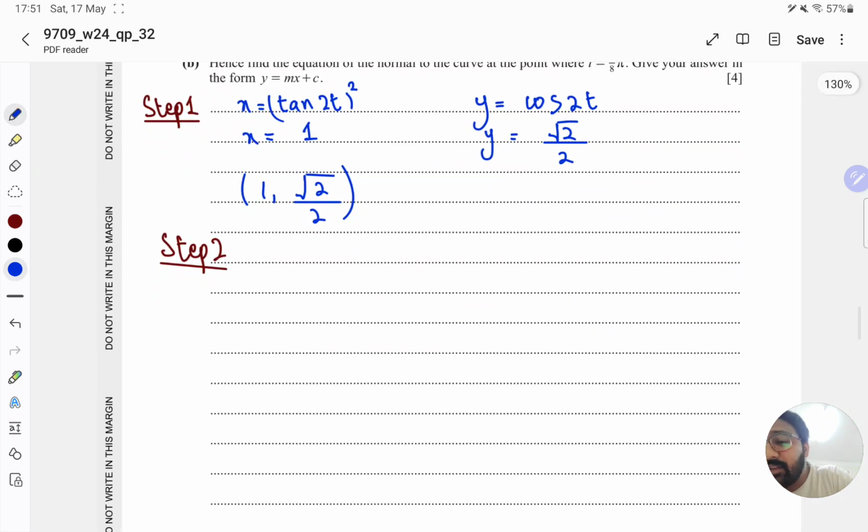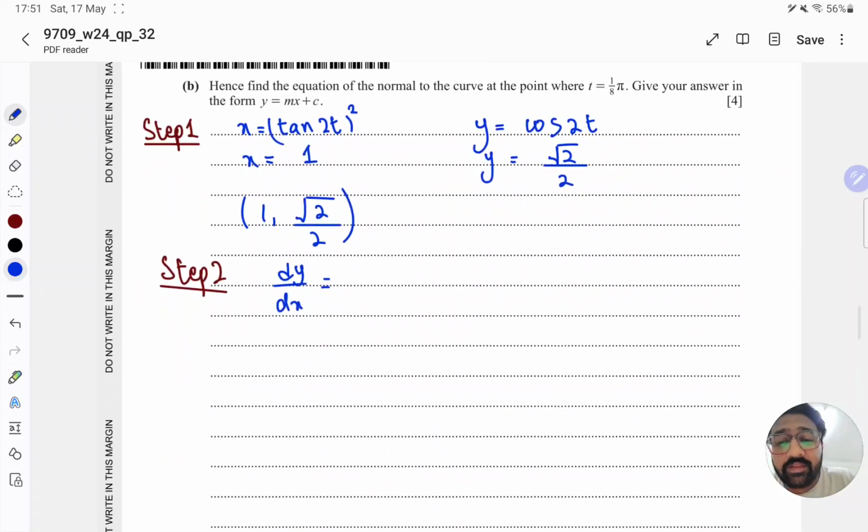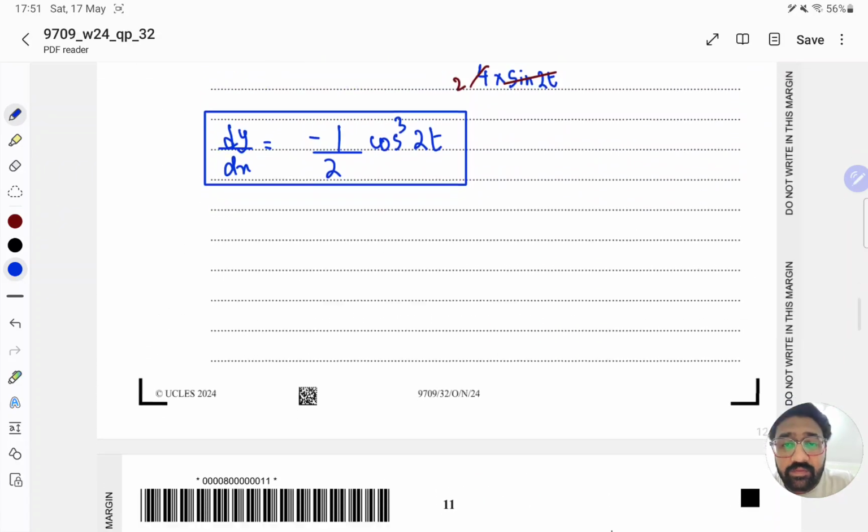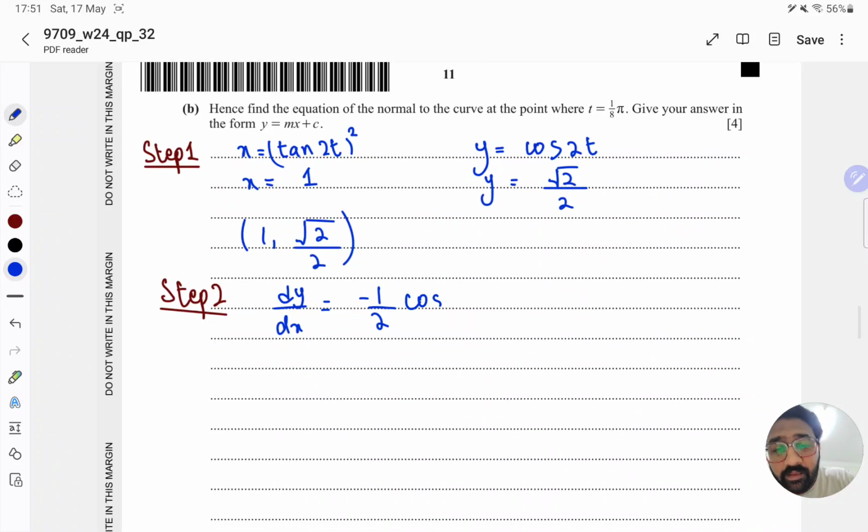For the gradient, it's dy by dx. We already have the dy by dx, which is minus 1 by 2 cos into cos of 2 times pi by 8 and whole power 3.